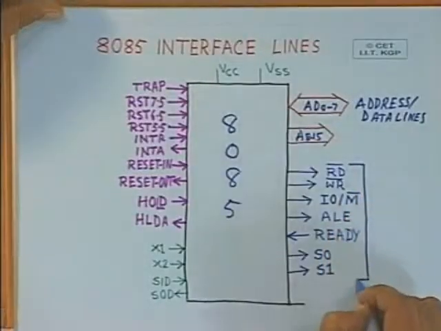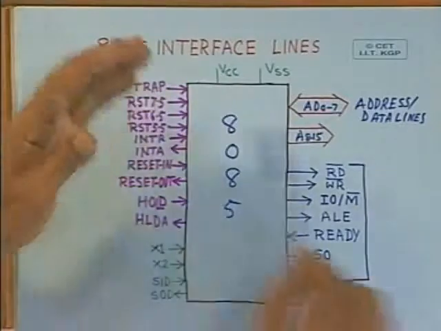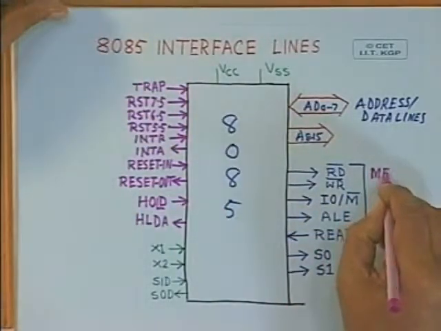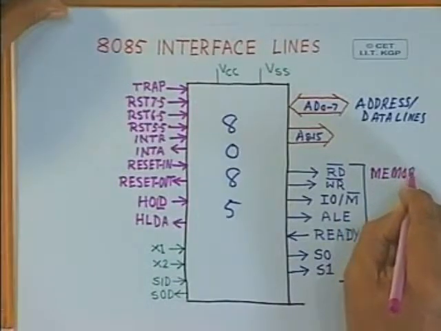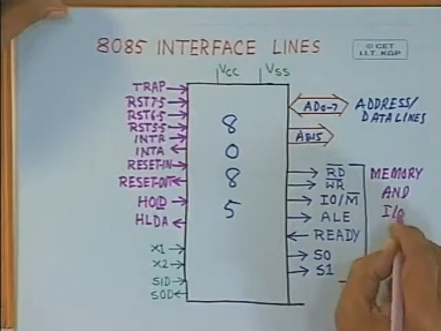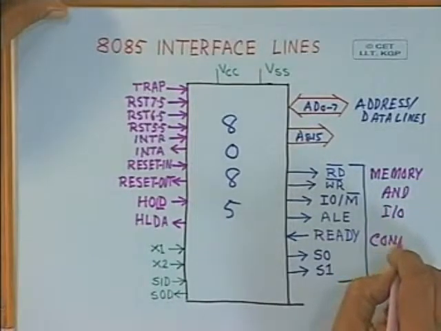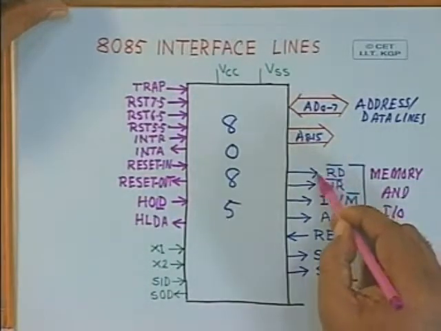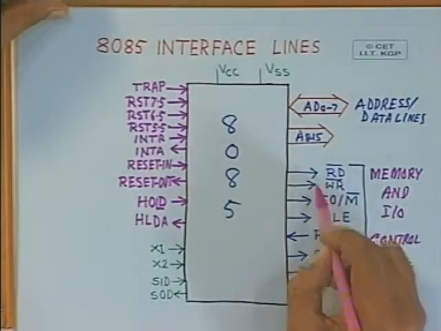And these are the lines, as I told, used for memory and I/O control. So here two separate lines are provided for read and write.